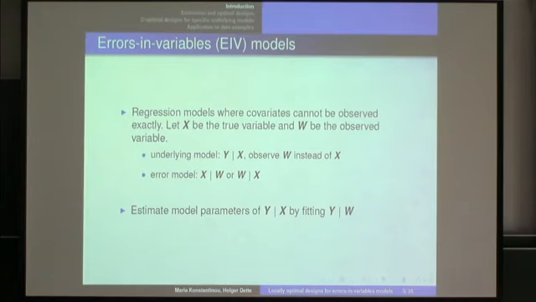And the relationship between w and x is described in the error model, which either specifies the conditional distribution of x given w or the distribution of w given x. So we basically want to estimate the parameters of the underlying model, but we can only fit a model of the response with respect to the observed variable w.